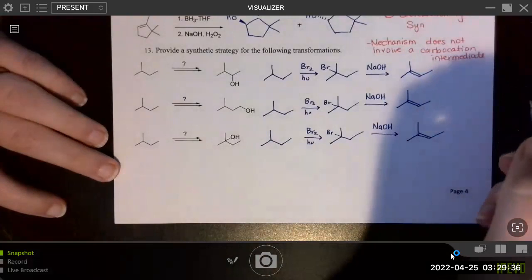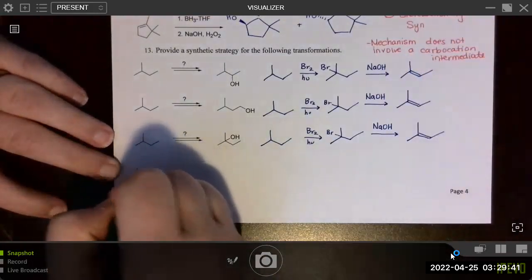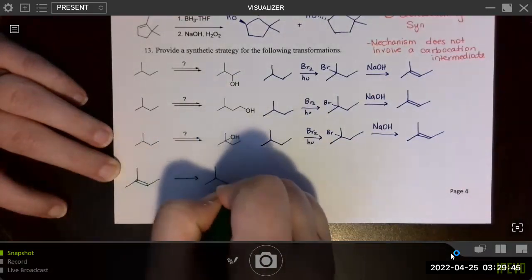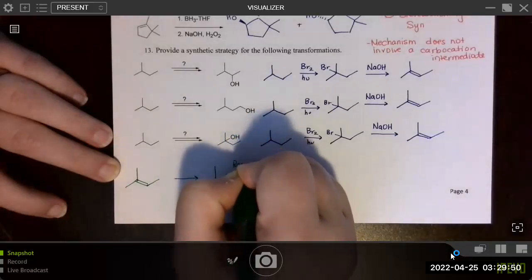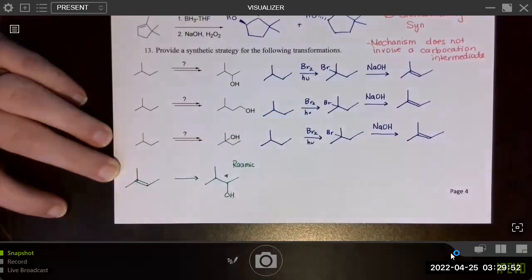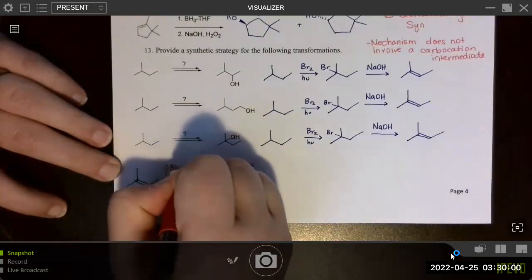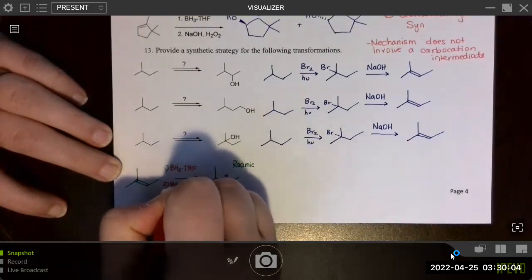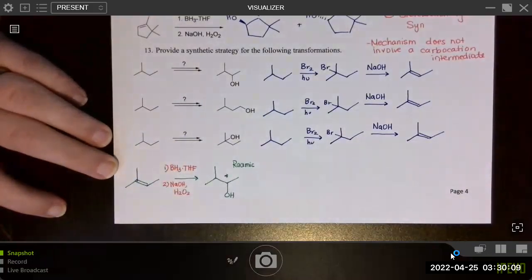Right, so in order to get to this product, which again will be formed as a racemic mixture, right, we are going to do hydroboration oxidation, because that reaction gives us our anti-Markovnikov hydration product, which is what we are going for.